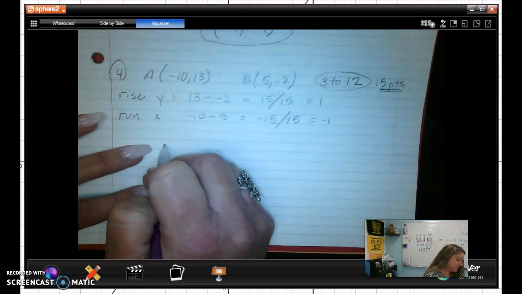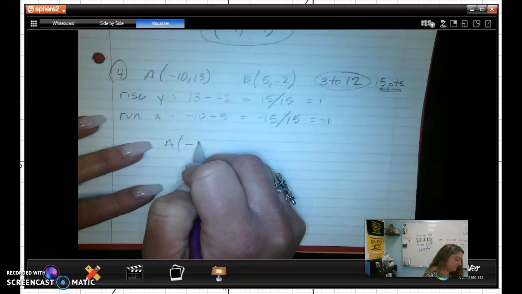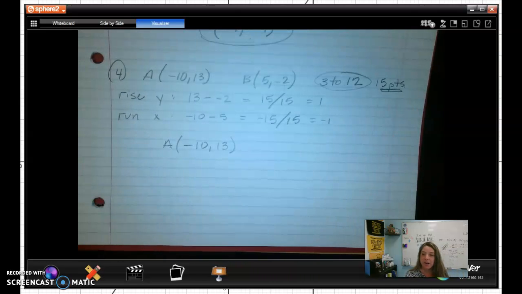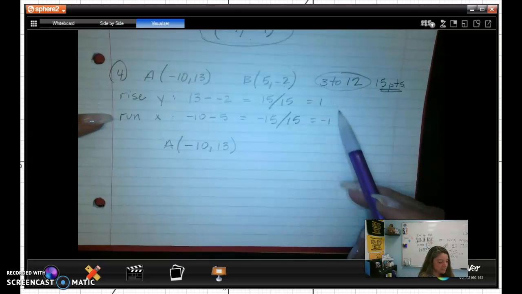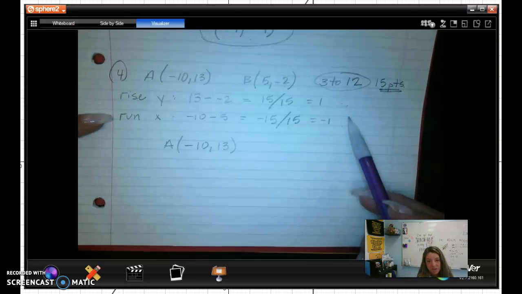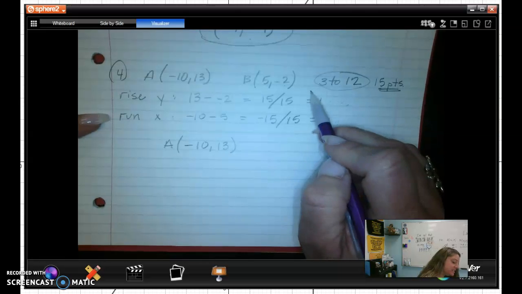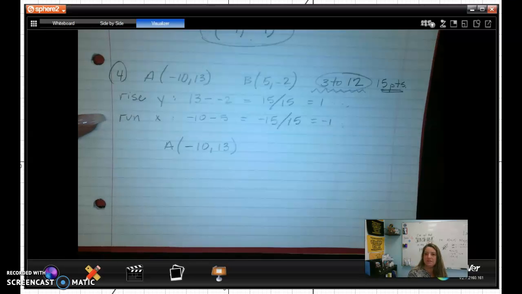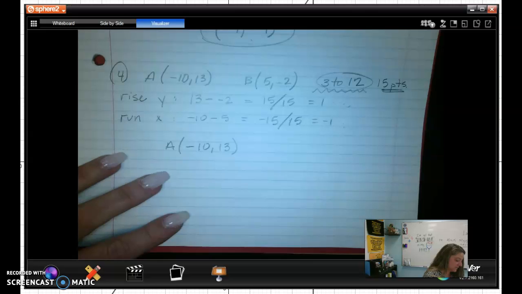So now what I'm going to do is I'm going to start from A. Okay, so negative 10, 13, and we're going to do our rise 1 and 1. Now part of the reason why we're doing this together is so that you can see obviously the difference between the positive 1 and the negative 1, but then this is the aspect that is weird, okay, the fact that it is a 3 to 12 and not like a 1 to 4 or a 1 to something.